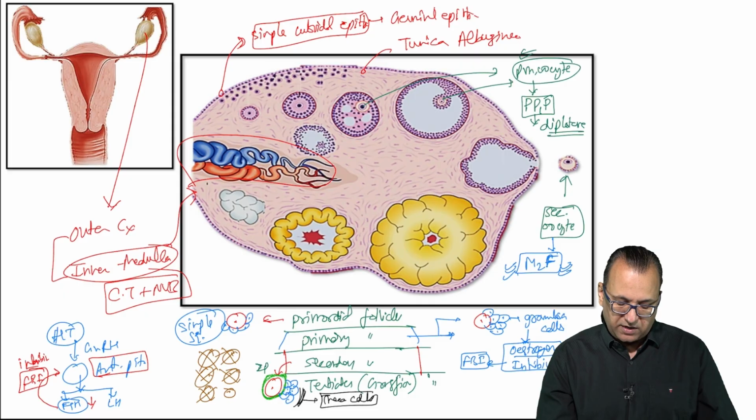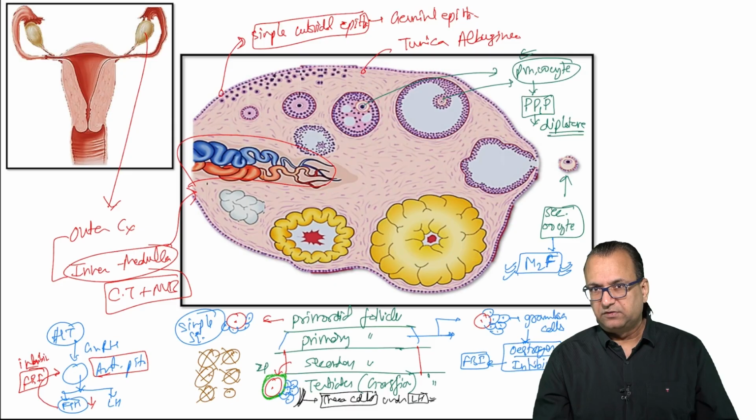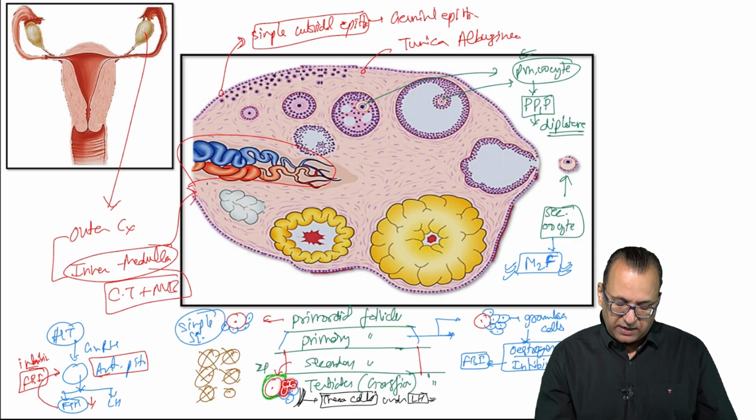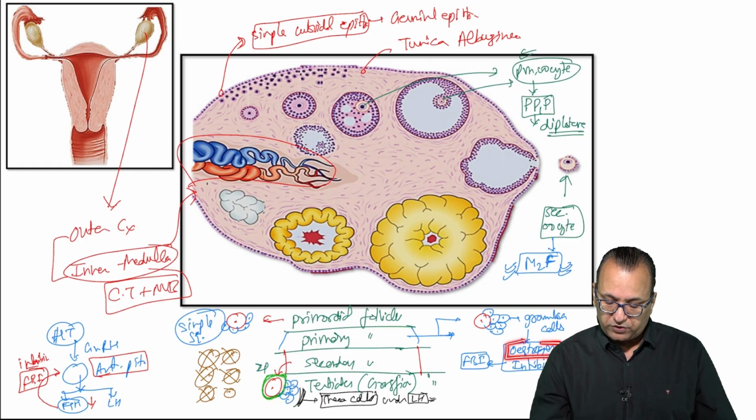These theca cells under LH will give us androgen kind of hormones like testosterone, but these androgens are then given to granulosa cells, and granulosa cells can convert them into estrogen. So as I mentioned, granulosa cells are giving estrogen.